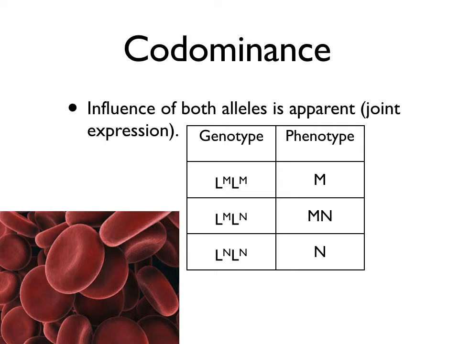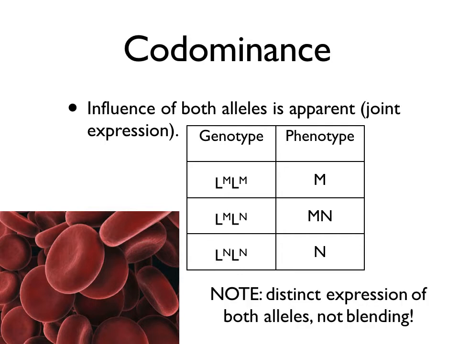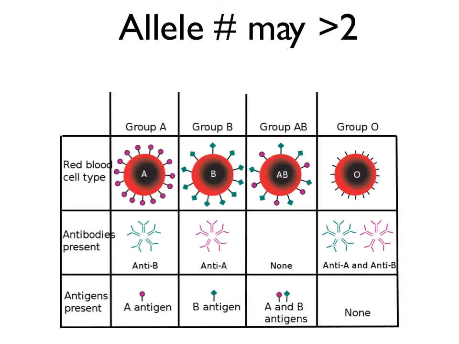But if you are heterozygous, your phenotype is both of those things. And so what we're seeing is distinct expression of both of these alleles and not a blending. So let's use a more familiar terminology or more familiar letters. We'll talk about this in the context of being type A, type B, or type O blood, or possibly even AB.